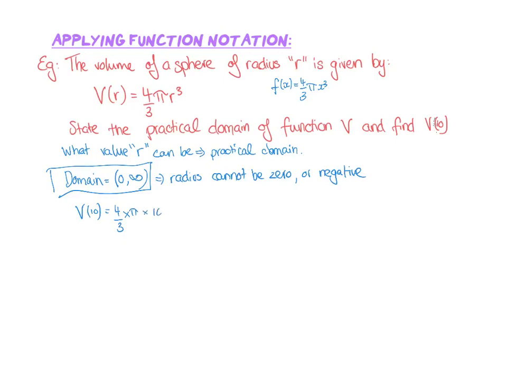So it'll be times 10 to the power of 3. Because in methods we like to have exact answers, we'll just leave the pi as pi. So 10 to the power of 3 is 1,000 times 4, and then over 3.